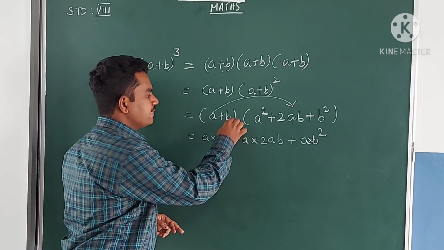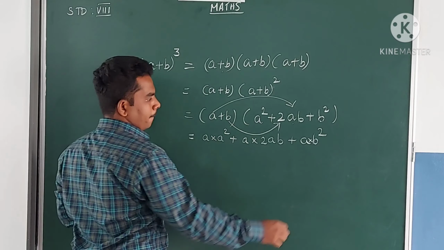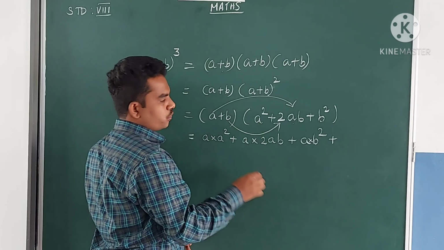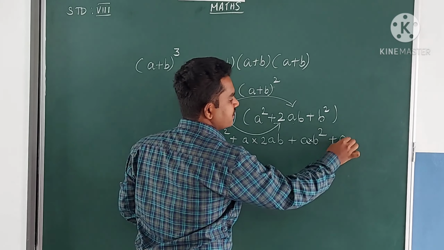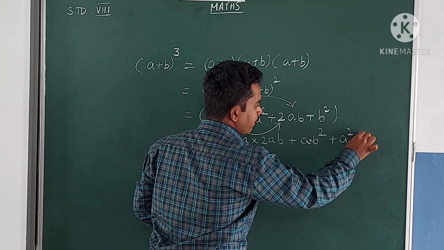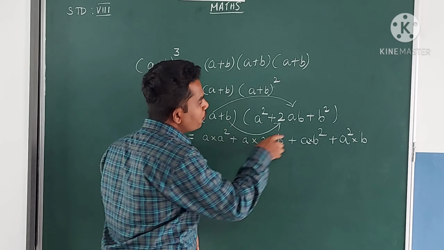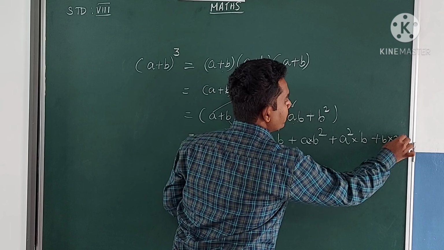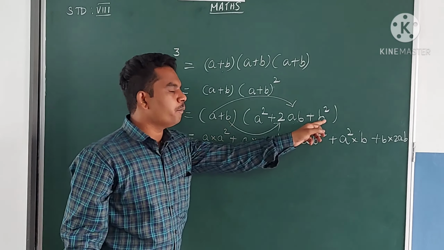Next term, the b term into the whole term, plus b into a square. That is written as, first you write a square into b, the commutative rule. Next b into 2ab. Next b into b square.